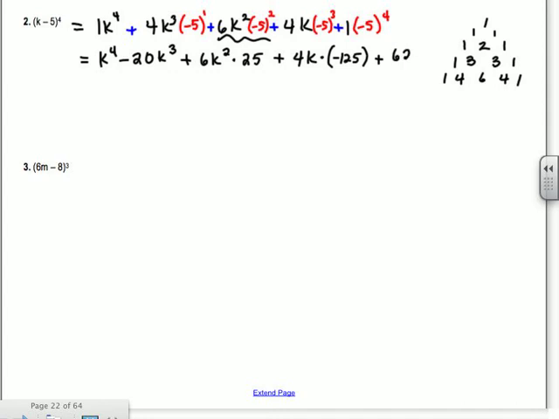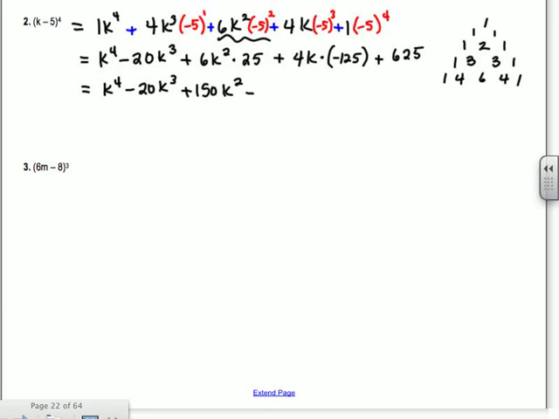So you should get k to the fourth minus 20k cubed. We have 6k squared times 25. Whenever I have 25s, I think of quarters. If I have 6 quarters, how much money do I have? Okay, you guys just don't use quarters anymore, you just use debit cards, right? Yeah, $1.50, so you get 150k squared, minus.